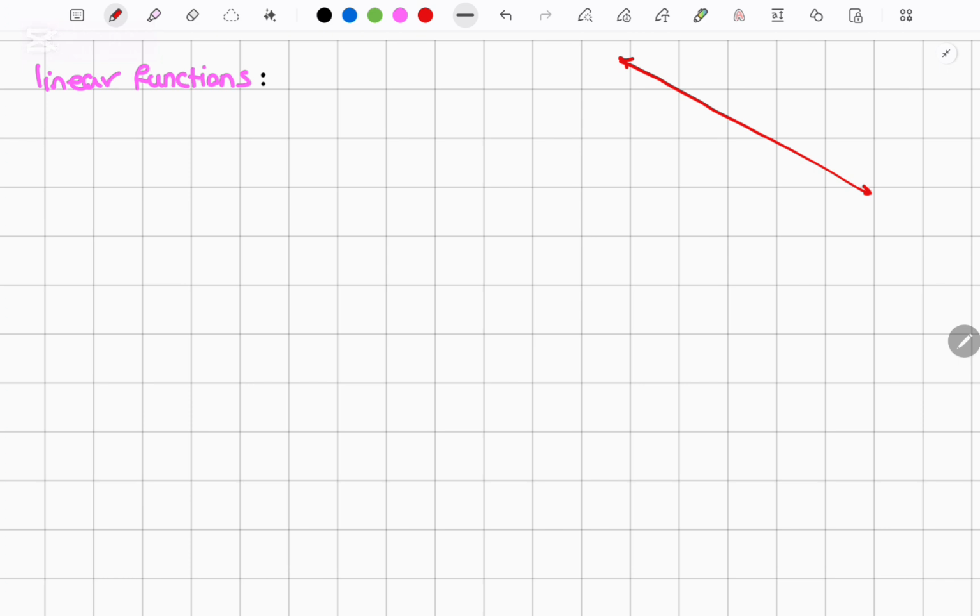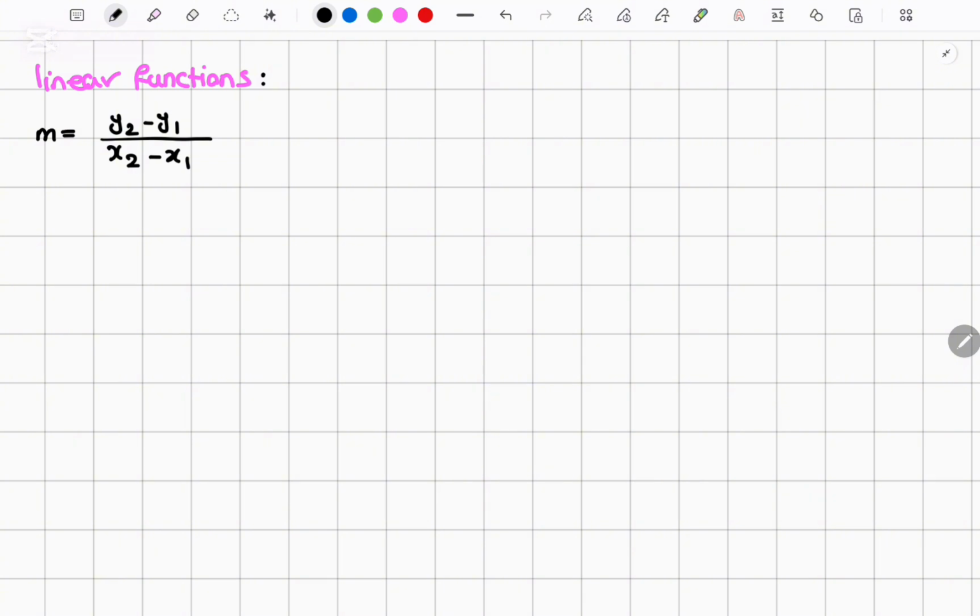So if you know 2 points of the line, you would know its slope as well. So the formula for the slope is m is equal to y2 minus y1 over x2 minus x1, or sometimes we call it rise over the run.